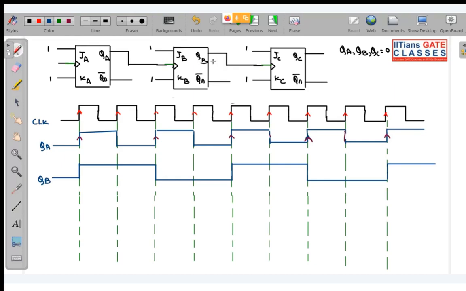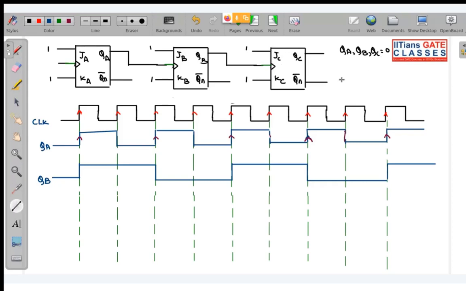Now you can see basically this QB is actually your clock pulse for JC, I mean your C flip-flop, and C flip-flop is a positive edge triggered flip-flop. So basically the positive edges of QB will be acting as your trigger for QC.